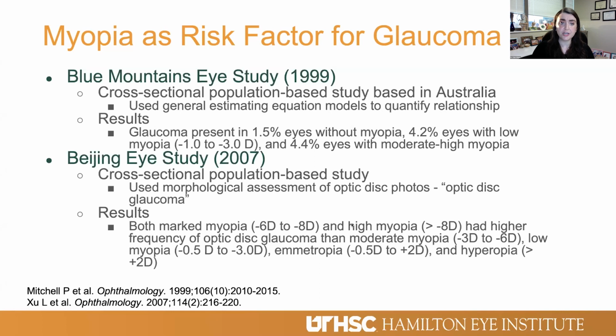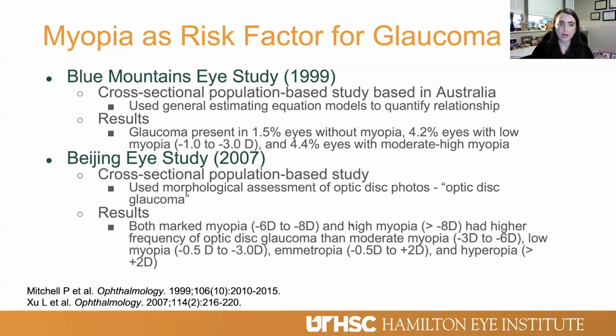Moving on to the Beijing Eye Study, this was another cross-sectional population-based study that used morphological assessments of optic disc photos, which they defined as optic disc glaucoma, to try to shed light on this relationship between myopia and glaucoma.